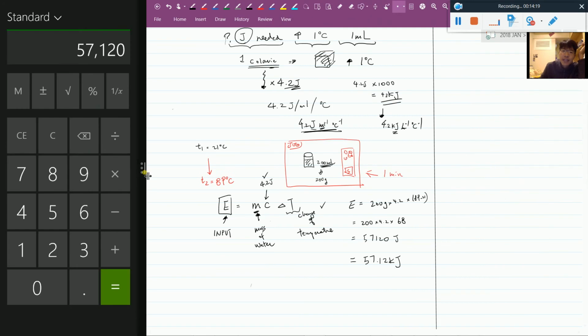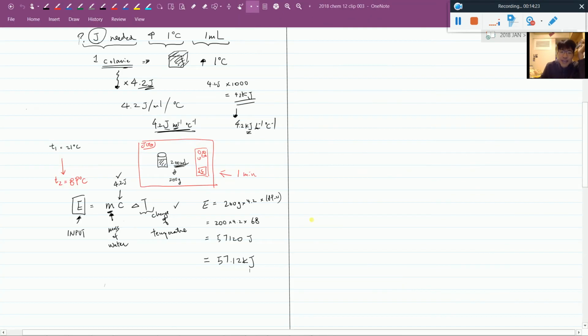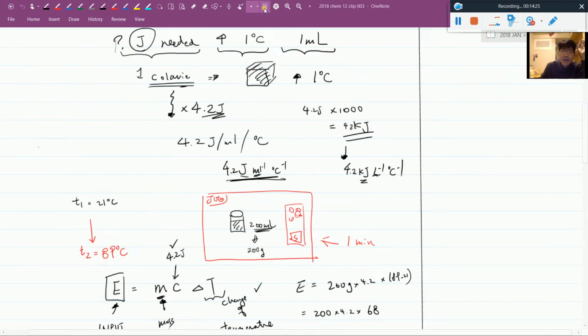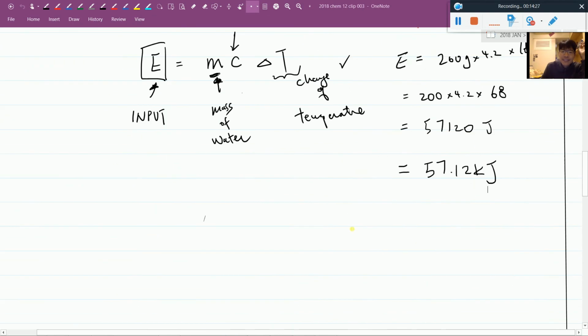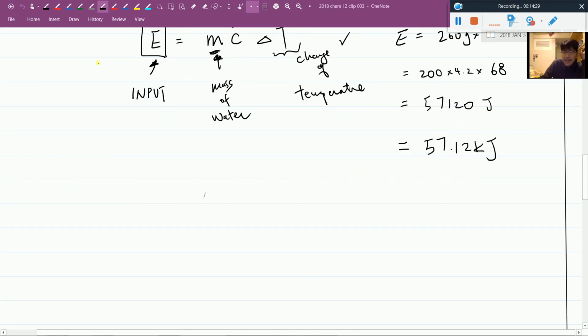Hopefully the physics students are relying on you. You should be able to tell me what is the watt. I'm not a physics expert, but a watt is how much energy is given per second.